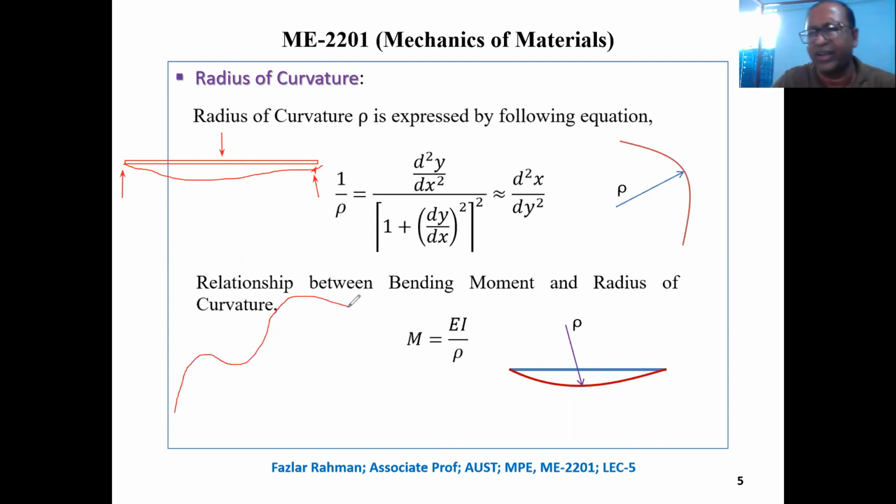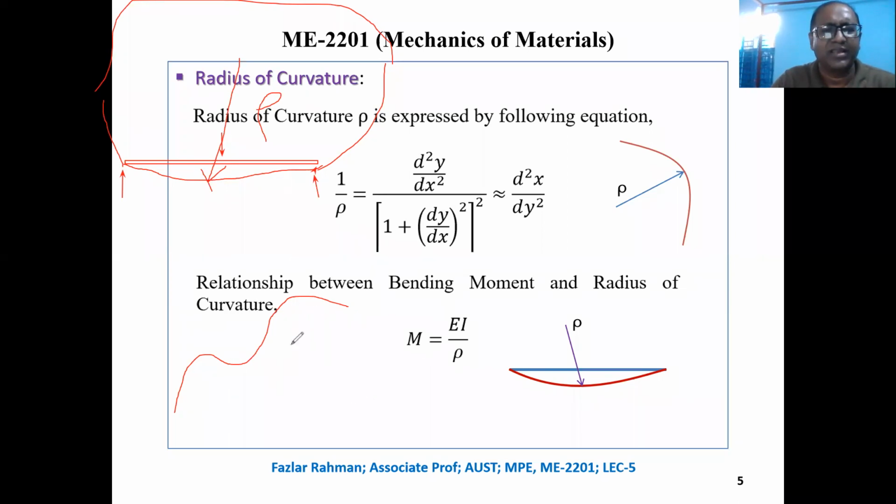This curve, I can say it is a part of a circle, because if I extend this line, then it will actually be a circle. So if it is a circle, then definitely it will have a radius. That radius I am calling rho. Okay.